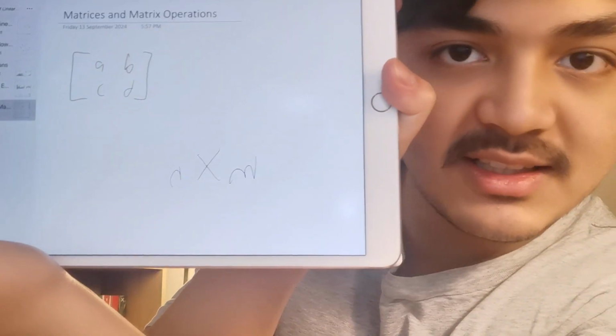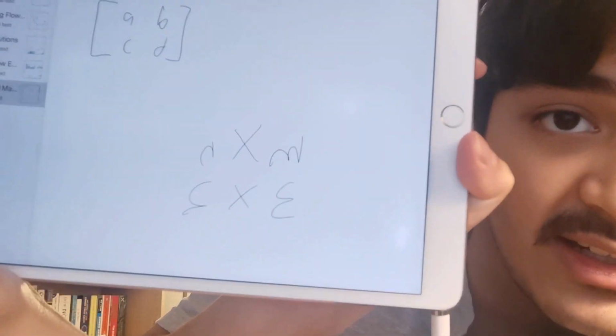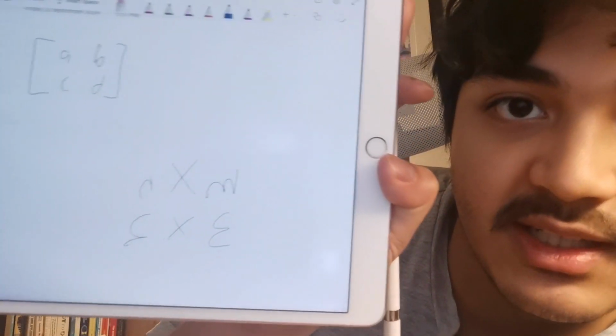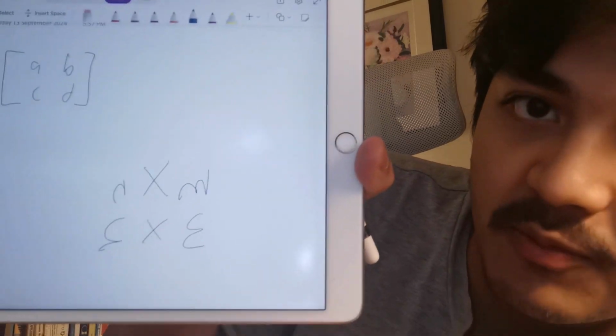You don't actually multiply the numbers together, so you can have 3x2, and that isn't 3 times 2 equals 6. That represents 3 rows and 2 columns, because the m represents rows and the n represents columns. That represents the rows and columns in a matrix.